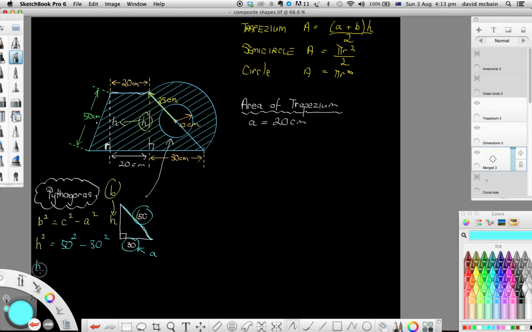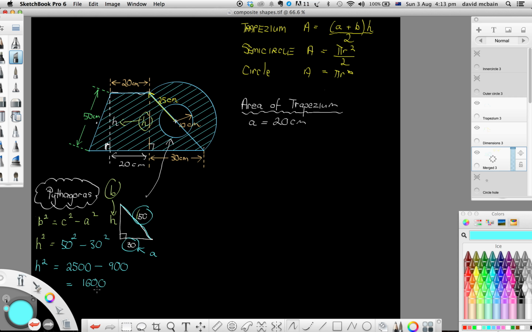And so h squared will equal 50 squared, which is 2,500, minus 30 squared, which is 900, and that equals 1,600.